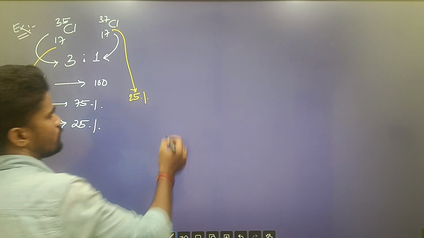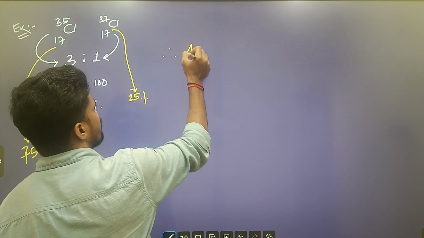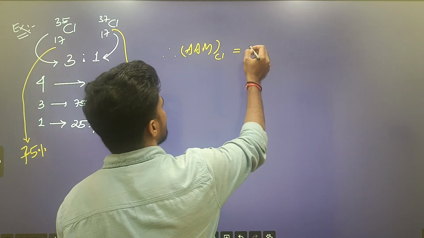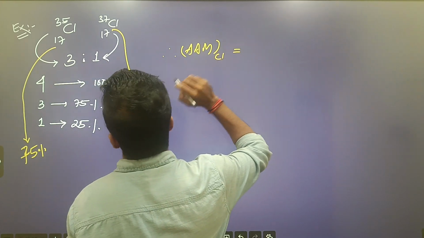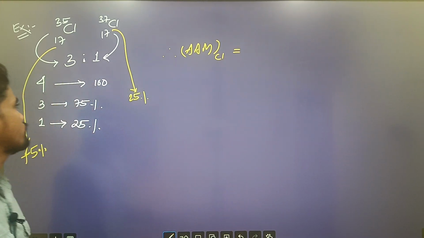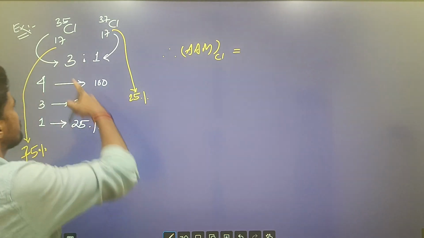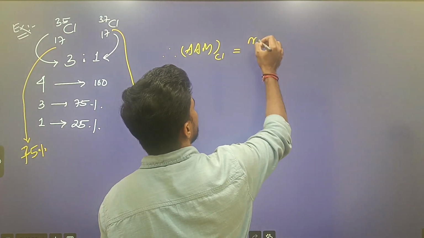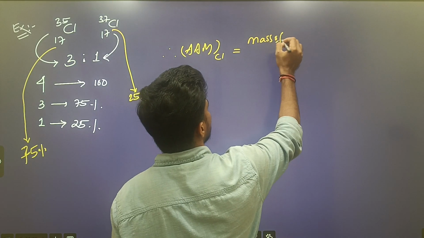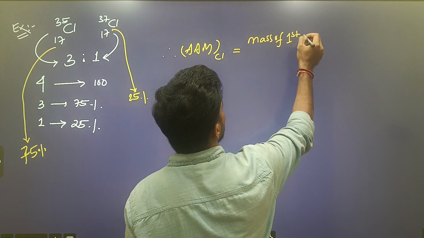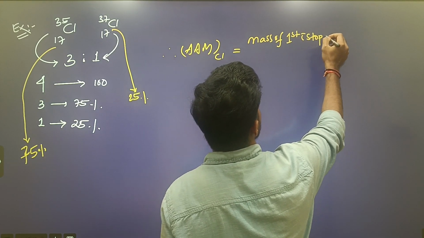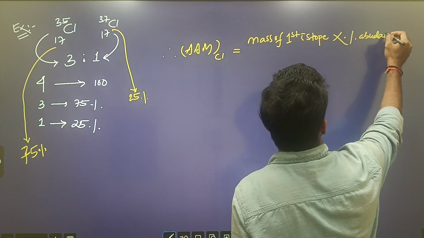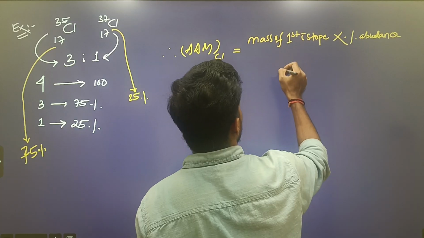So what will be the formula? Therefore, the average atomic mass of chlorine is equal to the summation of the first isotope. Which one is the first isotope? 17Cl35. So we can write down mass of first isotope into percentage abundance plus.